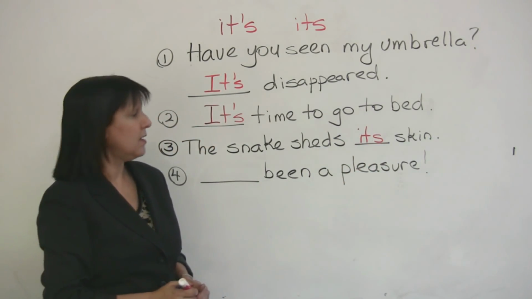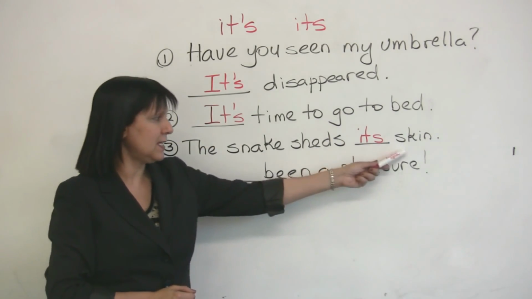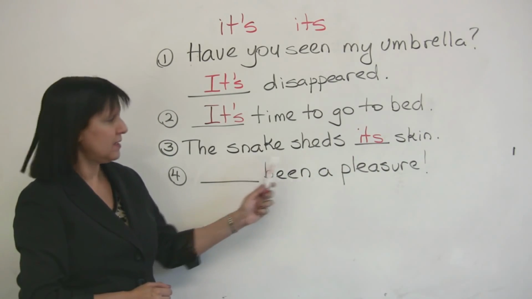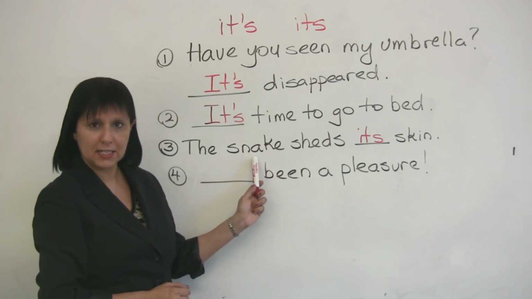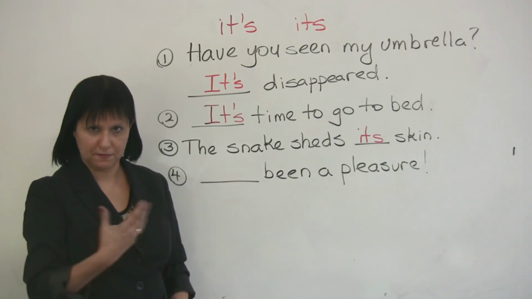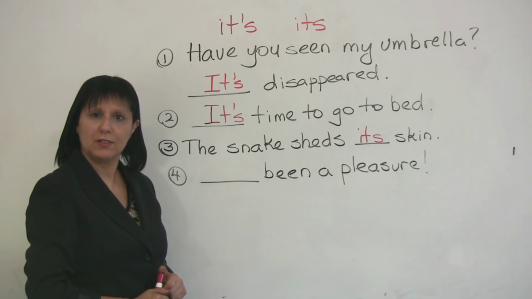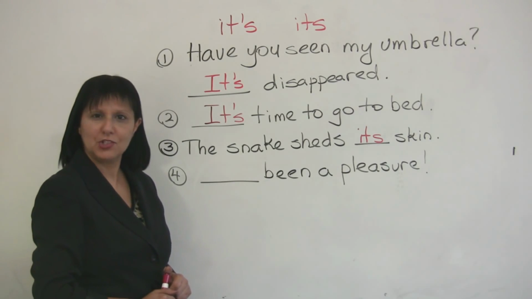This time, we don't put an apostrophe because we're talking about the skin of the snake. The skin that belongs to the snake, so we just say its, and we're using it in the possessive form. Okay? Last one. It's been a pleasure.